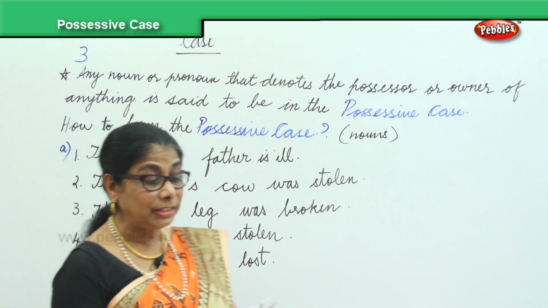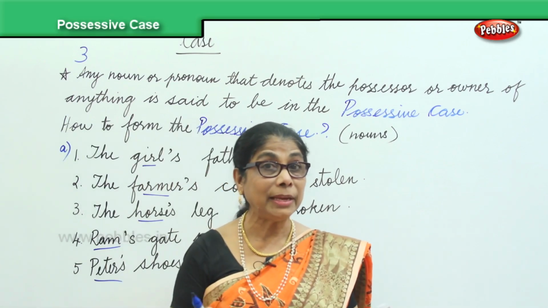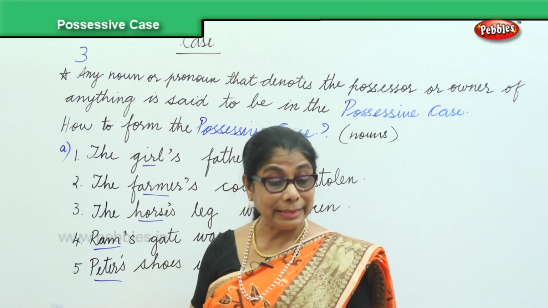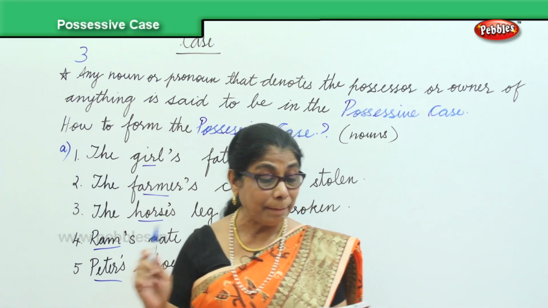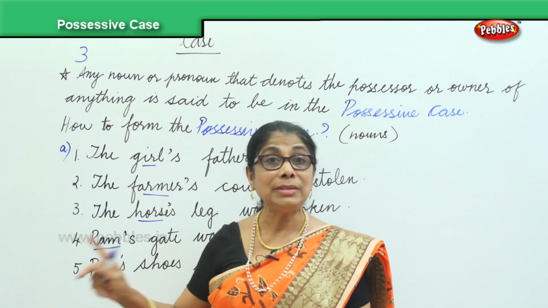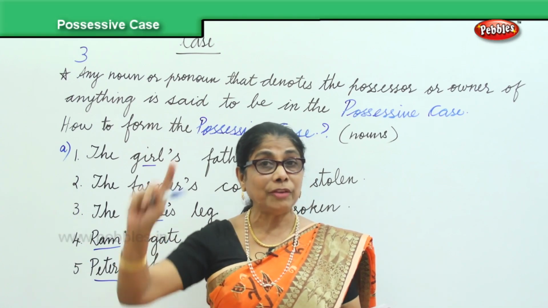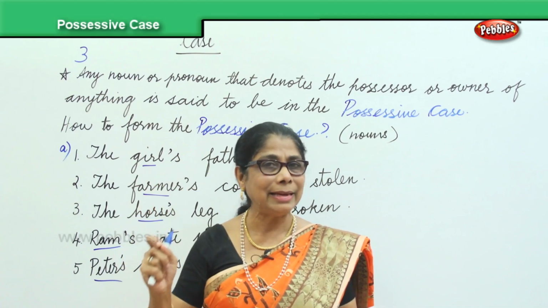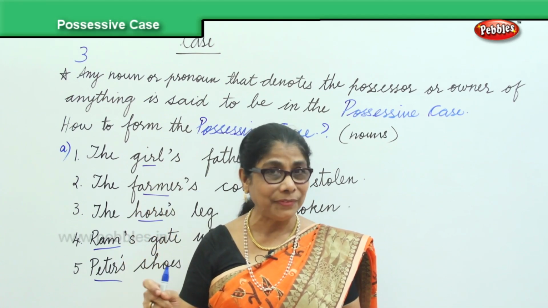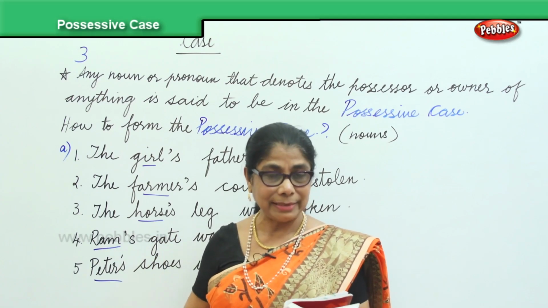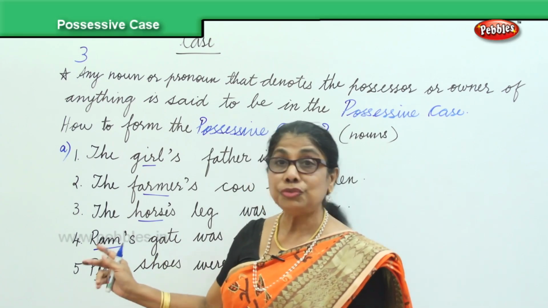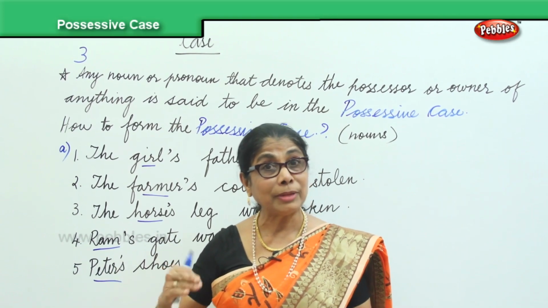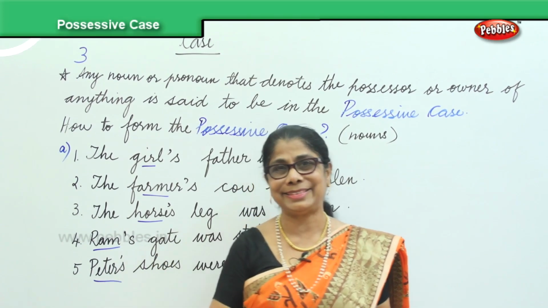So in the first way of forming the possessive case in these 5 sentences, remember the nouns are in the singular form. We put an apostrophe and we add an S, and thus we form the possessive case. Now I have 2 more for you. There are 3 different ways of forming possessive cases.